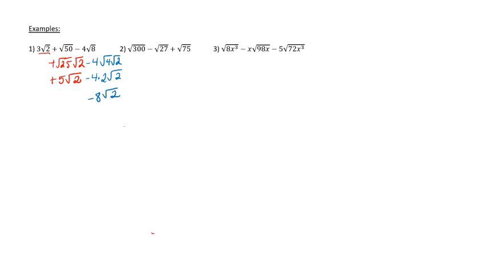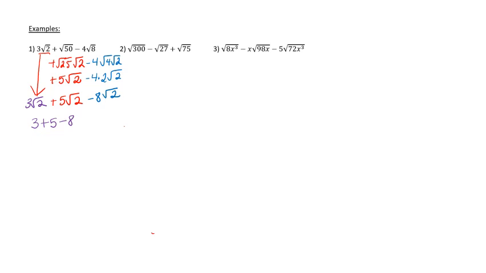All right? So then what I'm going to do is bring these other guys down. So plus 5 square roots of 2, bring that down. I'm going to bring this one all the way down to here. And I get 3 square roots of 2. So when I go to add this, I'm going to have 3 plus 5 minus 8.